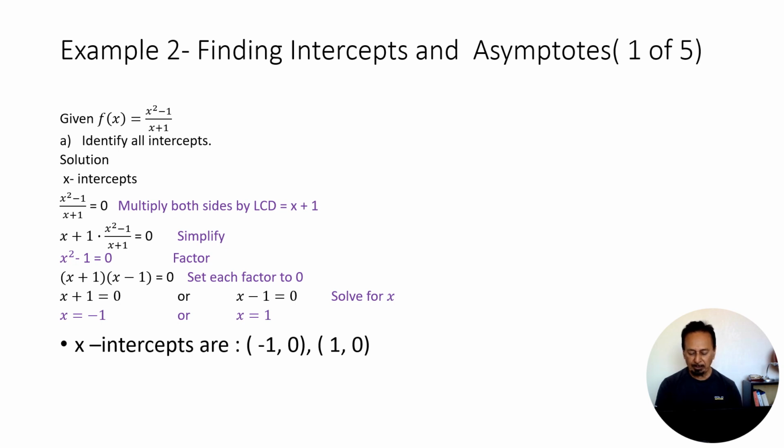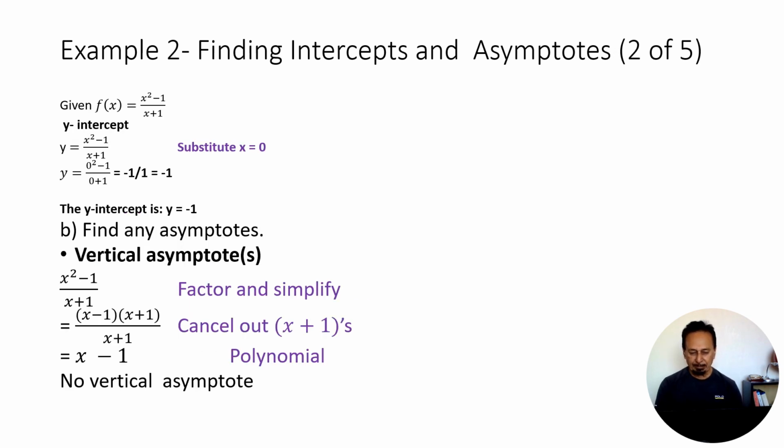Similarly, x minus 1 equals 0 gives x equals 1. So the x-intercepts are negative 1, 0 and 1, 0. We have two x-intercepts for this rational function.